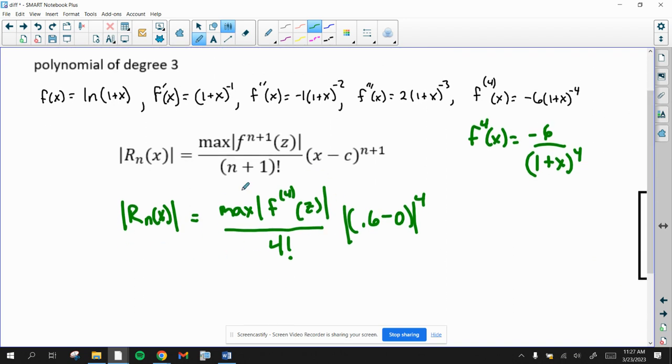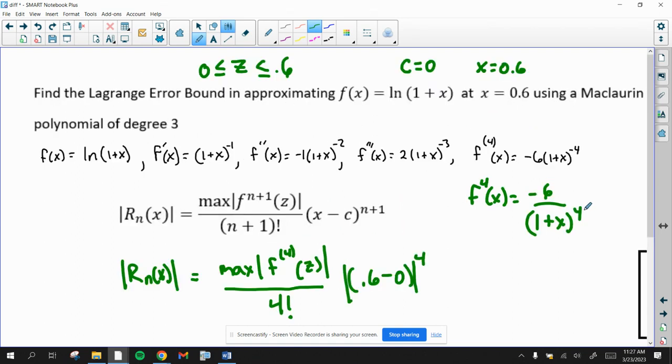So let's talk about the maximum value of the derivative. Here's the derivative. We're trying to figure out where that's maximum between 0 and 0.6. Well, it is also the absolute value, so you can ignore this negative. We know that the bigger the denominator of a fraction gets, the smaller the value gets. In other words, 1 over 10 is much smaller than 1 over 2.